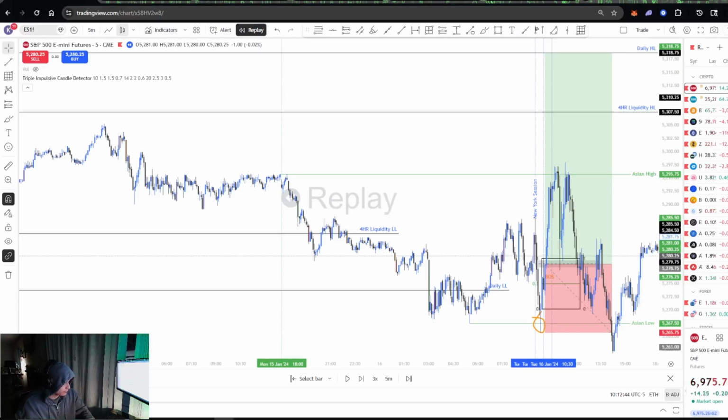It reversed back to the upside, as they describe it, bullish, and also saw a MSB, market structure break.